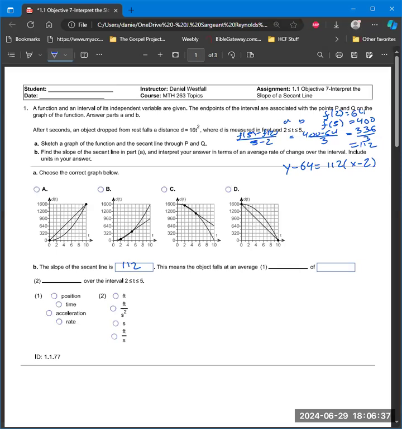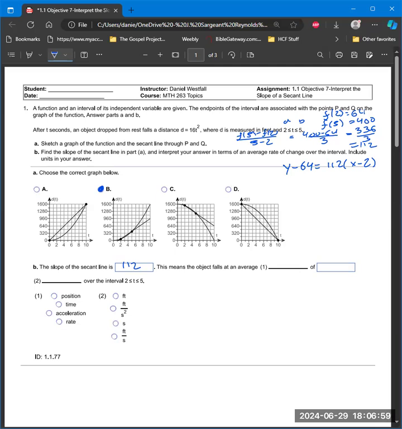It is B because C and D have parabolas that open down, and that's not right. And A doesn't have the points in the correct location. So it's B. It's kind of hard to see that line, but it's right there. The slope of the secant line is 112.